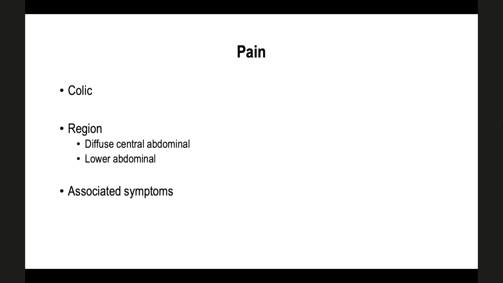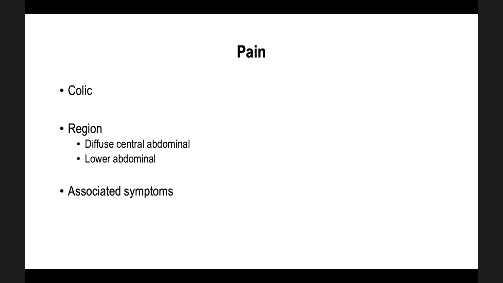Yes, and so the midgut is from the second part of the duodenum. Yes. So basically, all the small bowel from the second part of the duodenum, right up to the mid or distal transverse colon is midgut.